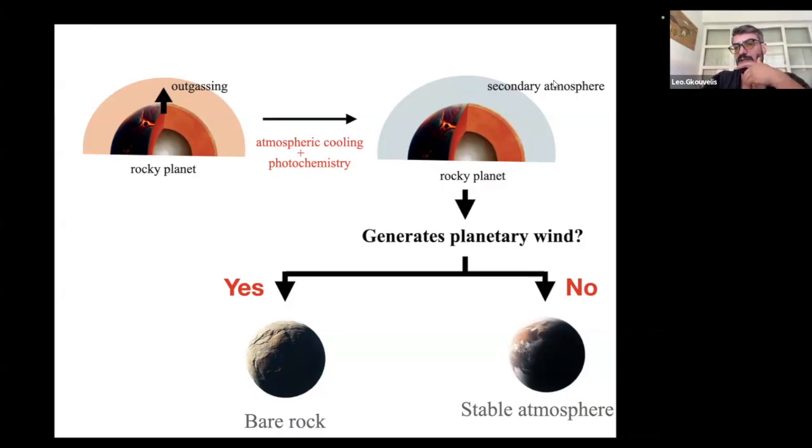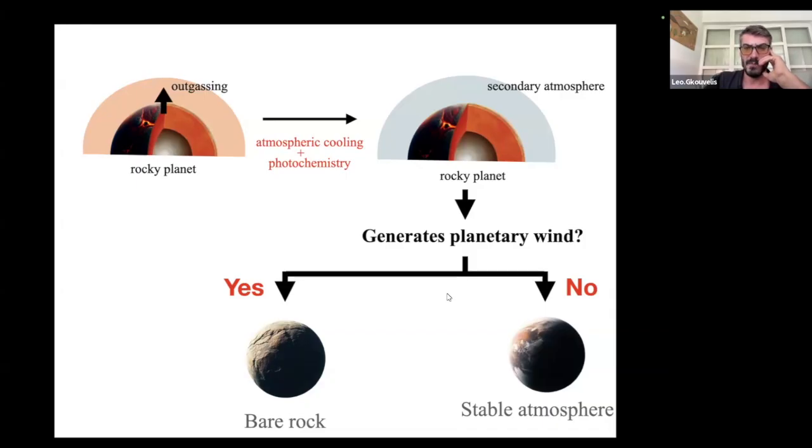And once you have some secondary atmosphere, another very critical question is the following. Can the atmosphere that you have just generated for this planet be stable, or will you generate the so-called planetary wind? Planetary wind is, in mathematics at least, exactly the same as the stellar wind, or the Parker wind, that you know from people who study stellar winds.